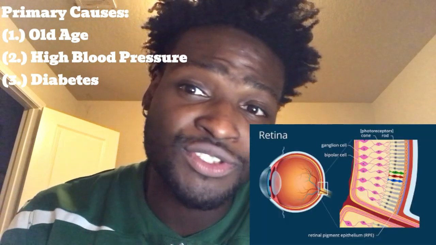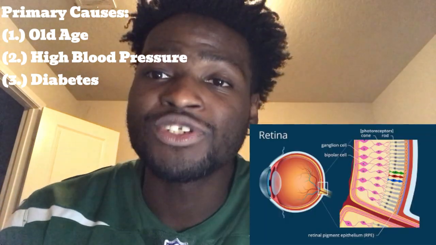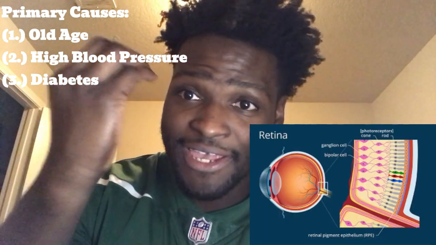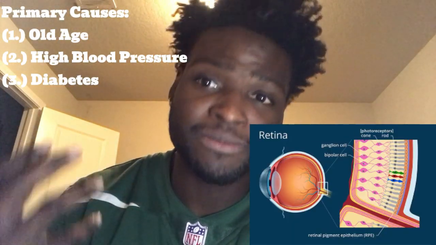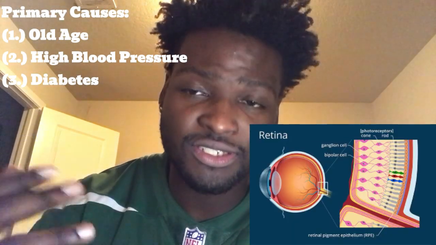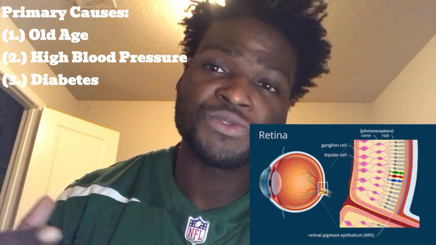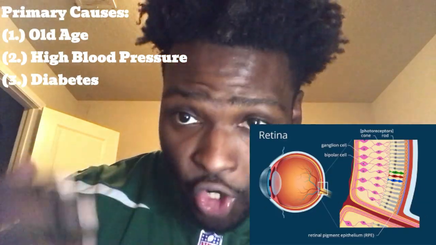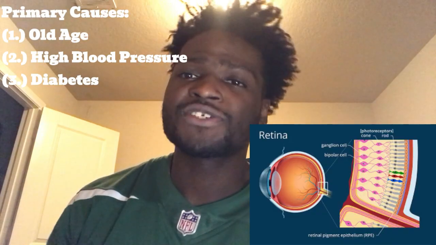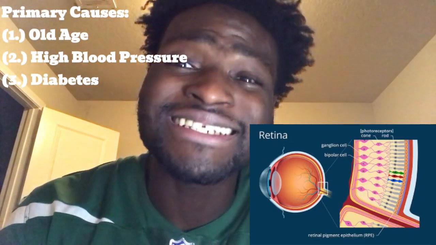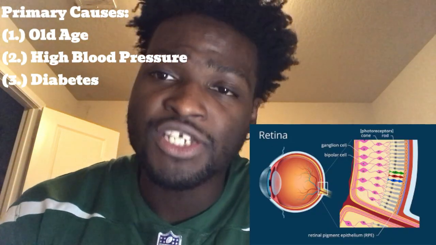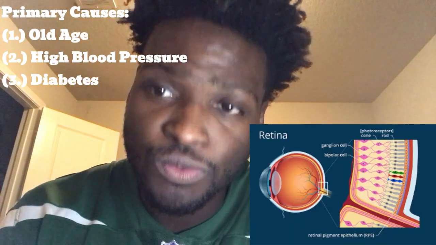The photoreceptor cells in our retina, which translate the light that enters the eye into visual images, don't function as efficiently as we get older. So this also adds to the impairment of our vision. So that is how old age is one of the primary contributors to macular degeneration.